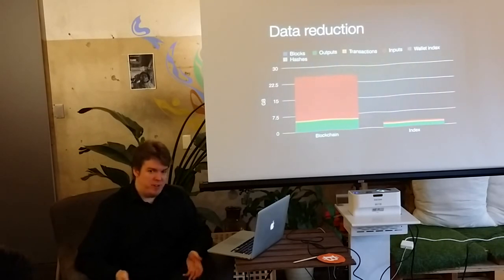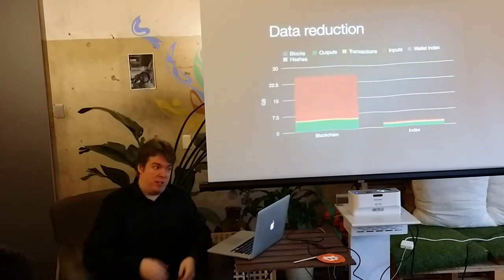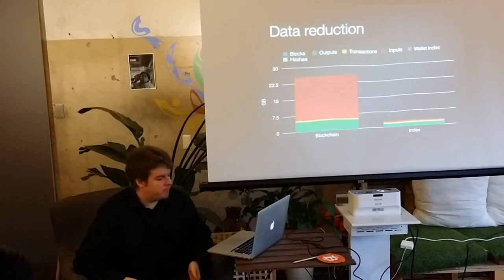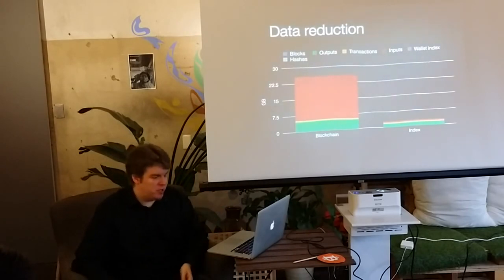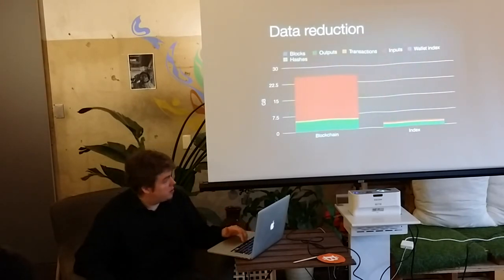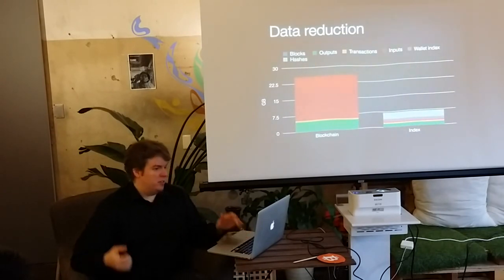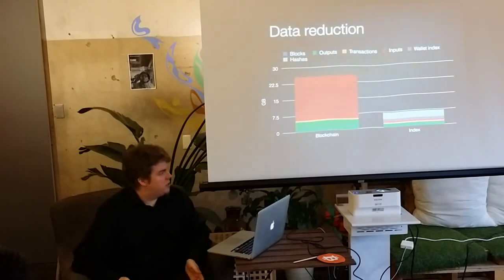We can just verify it on the blockchain and then store just the relationship in our database, which allows us to throw away almost everything, because most of what's on the blockchain is signatures and public keys. We can toss away all of that for our index. And instead we can store our wallet index for fast lookup, and we can put back hashes, so we can look up a hash.